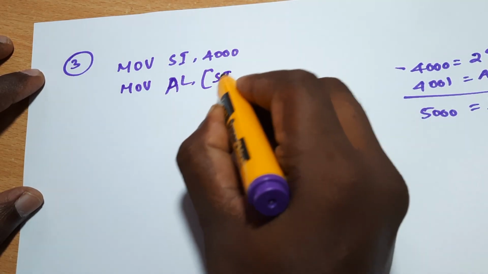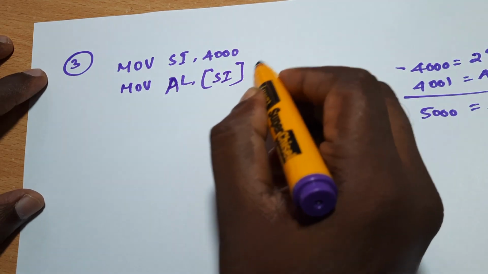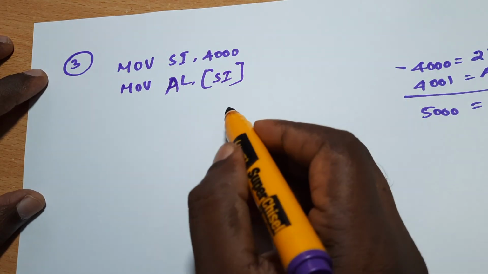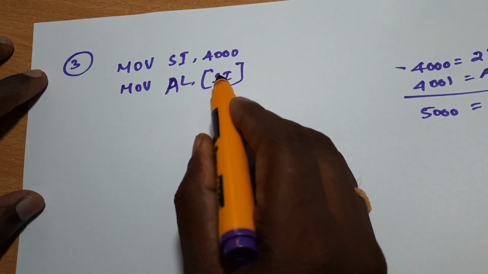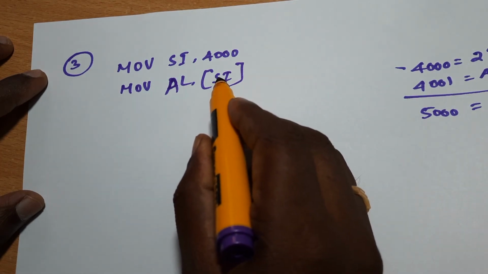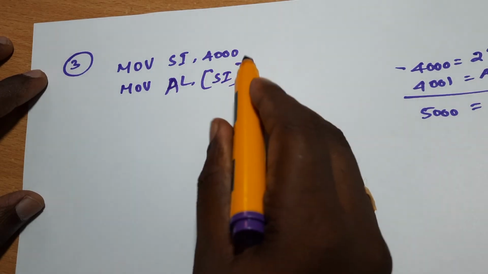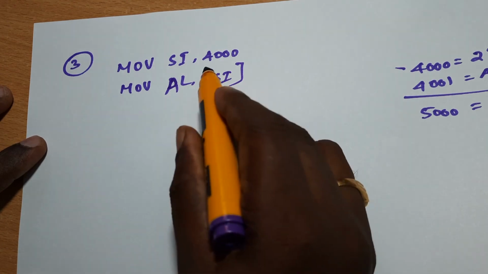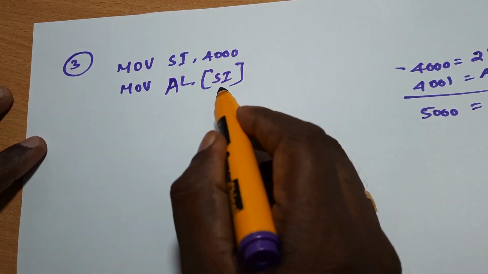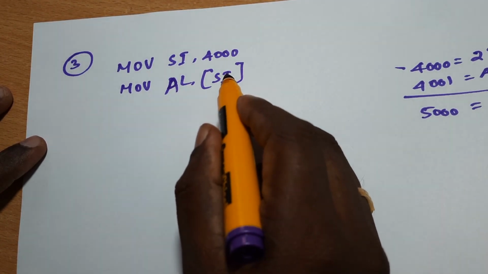So it is SI: instead of writing direct addressing mode, we are writing register indirect addressing mode. Now SI is the register which has the value 4000. That 4000 is actually the address. So I suggest you remember, wherever you see content in brackets, square bracket or normal bracket, it means it is a memory location.